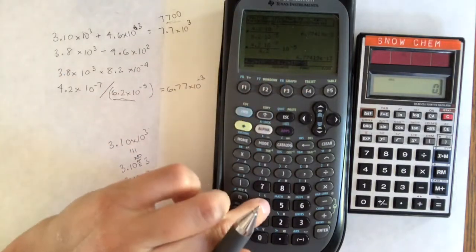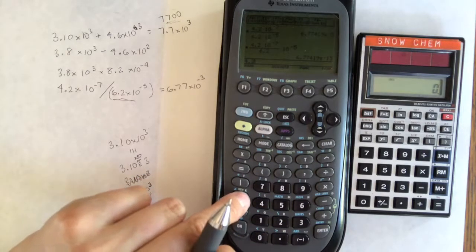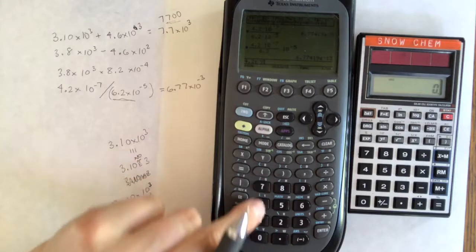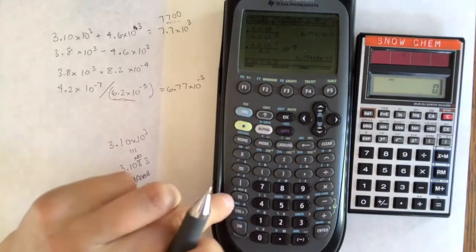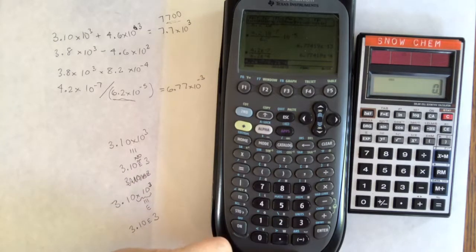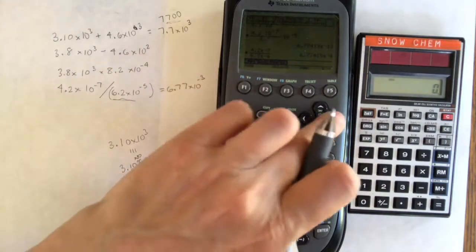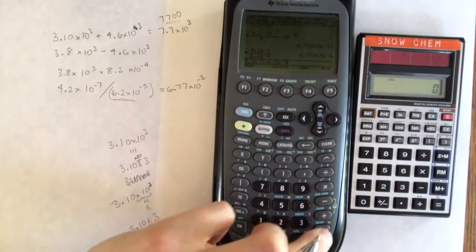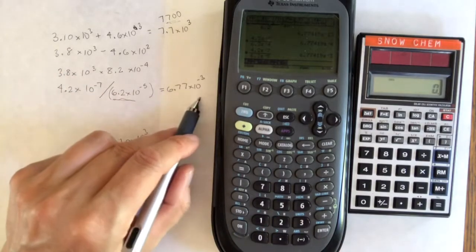You can see what it's doing here, like what it printed out. So if you do the E, let's work on this last one some more. 4.2 E to the negative 7 divided by 6.2 E to the negative 4. Oh, sorry, it's negative 5. There, so 6.77 times 10 to the negative third.